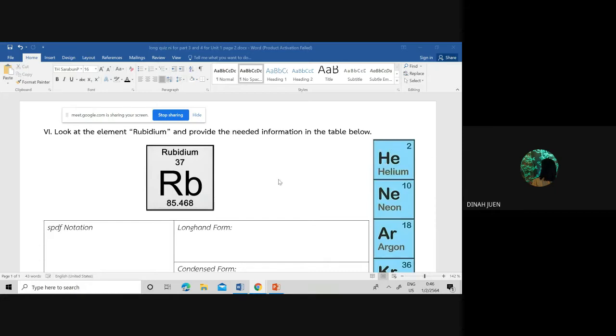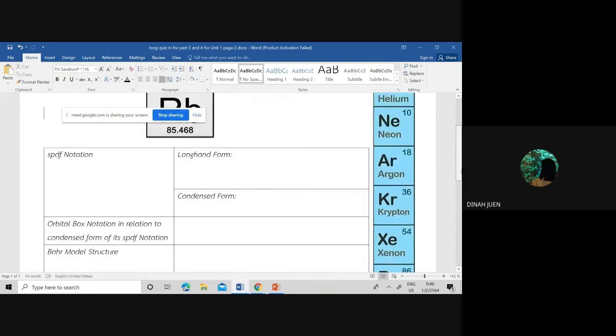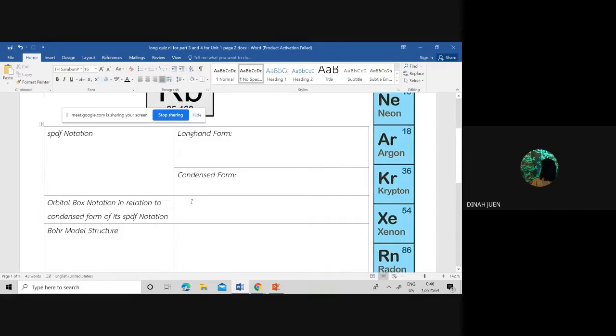So in the given directions, you need to fill in the following. You need to write the SPDF notation of this element, either the longhand form or the condensed form. Next, you need to show the orbital box notation in relation to the condensed form of its SPDF notation.